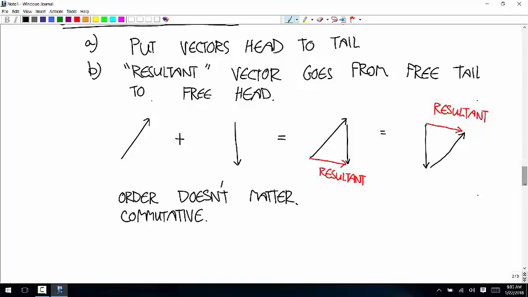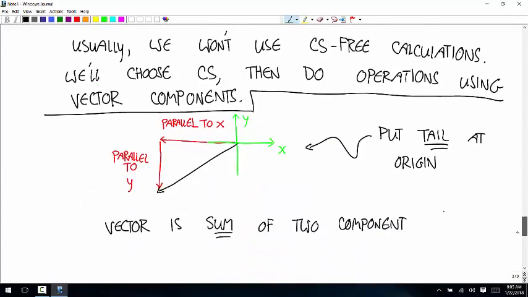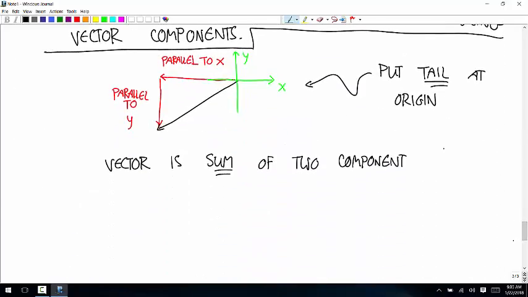We didn't change anything about our approach. Components, right from the start, depend on what your coordinate system is. If I had chosen this coordinate system to be like this, I would have had to choose two totally different component vectors to add up to that, even though the vector is still the same thing. So the vector is the sum of the two component vectors.